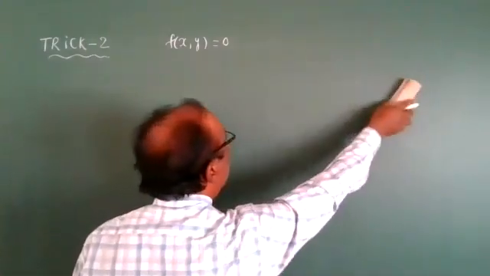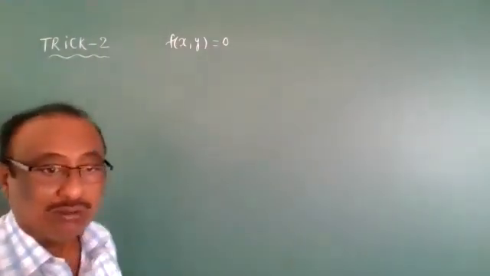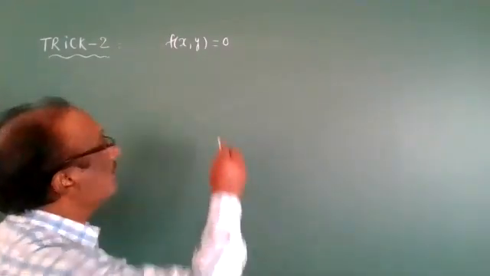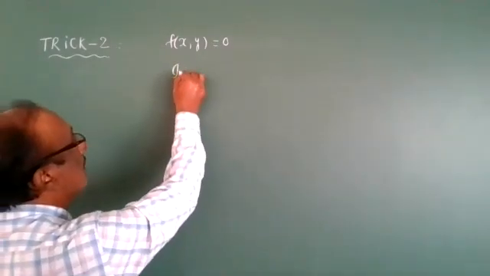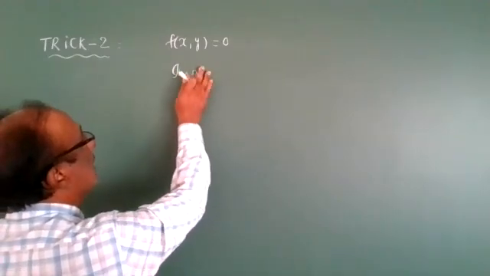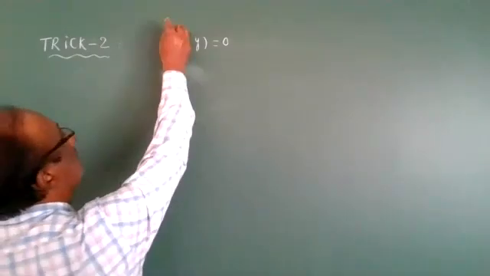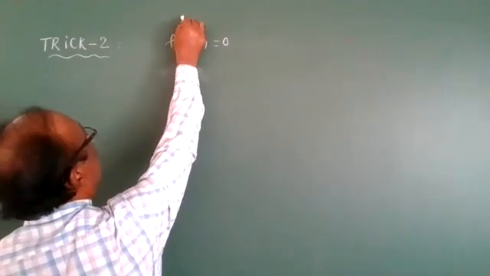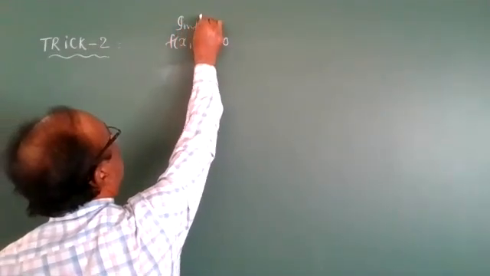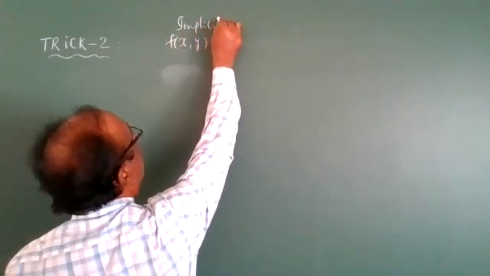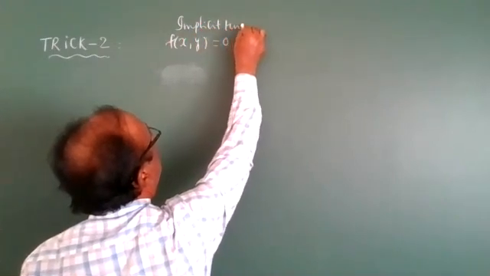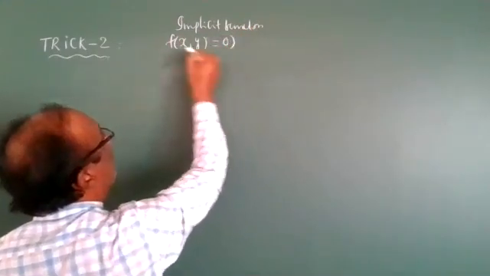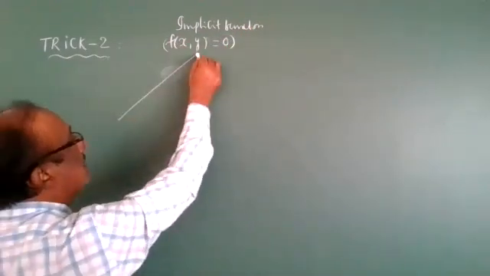So for this implicit function, two models are there.